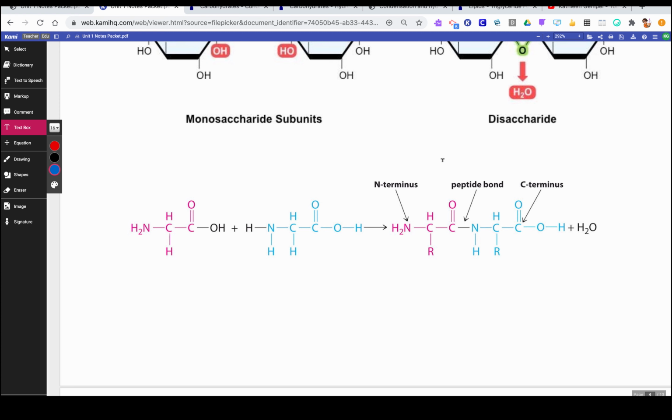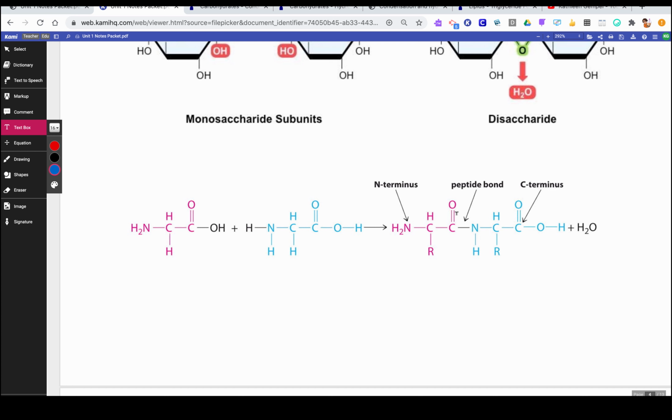This is a dipeptide, but dipeptides are not too common. Usually when we have an amino acid chain, we're talking hundreds, even thousands in length. But there are some very small peptides, so in this case a dipeptide. That's not unheard of. So in this case, two amino acids, there's going to be two ends to it, and they're not going to be the same. One end has a nitrogen on it, and the other end is going to have a carboxyl group on it.